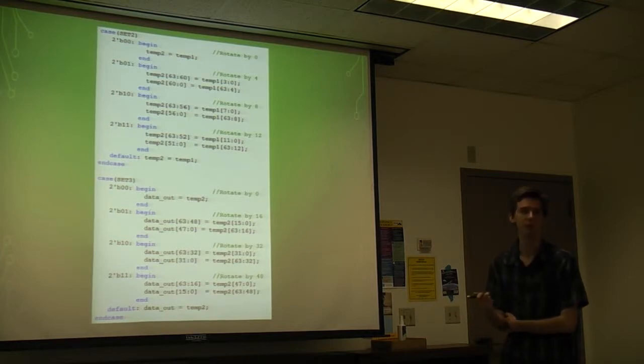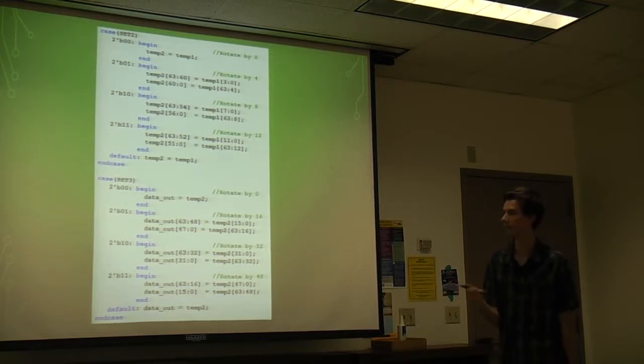So if, for example, you wanted to rotate it 20 times, that would be 0, 1, 0, 1, 0, 0. So the first one would rotate it 0 times, because it's checking 0, 0 as the shift amount. Then the second one would be 0, 1, or 4 times. And then this third one would be 0, 1, or 16 times. 16 plus 4 is 20 times. So it would rotate it 20 times.